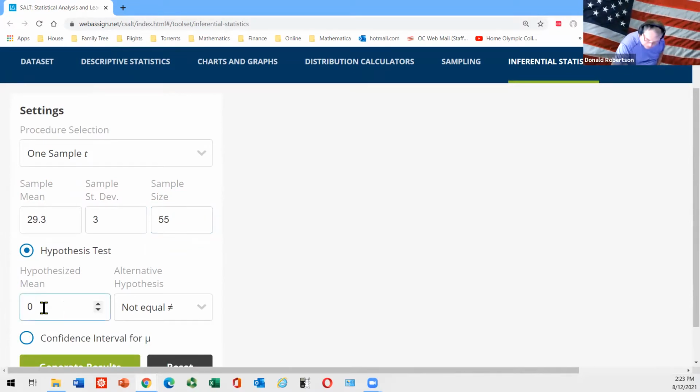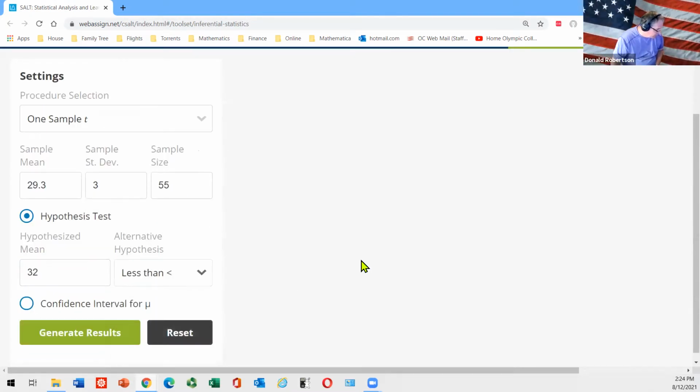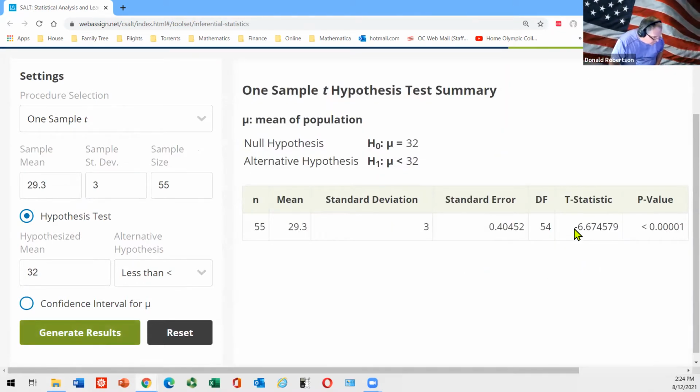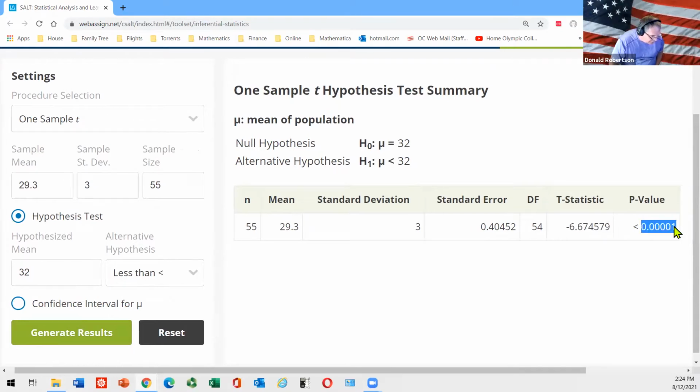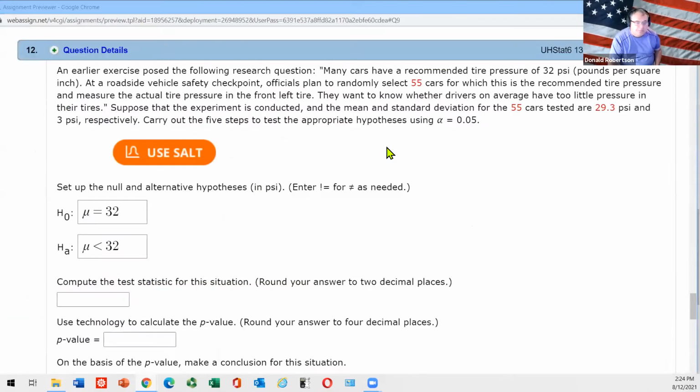And the 32, and we're trying to show that it's less than. Are you happy about where those numbers came from, the story we just talked about? Okay. Now, when I hit generate results, whoa, look at that T statistic and look at how small that P value is. You agree that's going to be good news for this one? Right. So I'll move that out of the way and I'll put that information in.